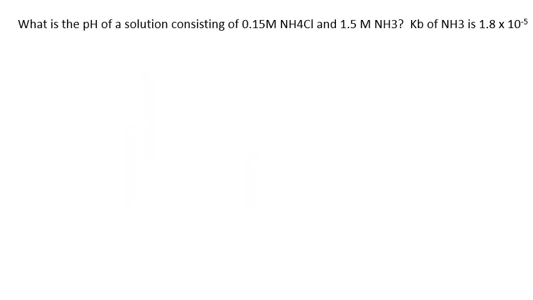Okay, what is the pH of a solution consisting of 0.15 molar NH4Cl and 1.5 molar NH3? Kb is given. We can approach this question in two different ways. Either we can calculate pOH first and then subtract it from 14 to find the pH, or we can find the Ka first and then we can find the pH. So I'm going with the second method I mentioned.